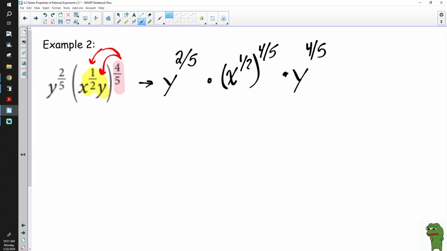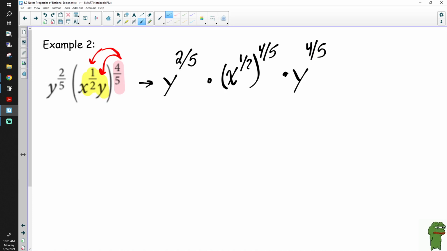What do we do next? Tell me the rule. Look. No subtracting. I see no division.